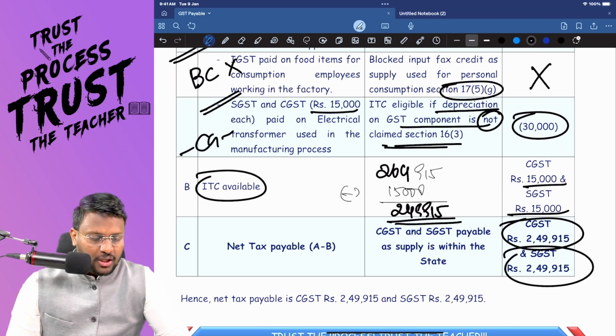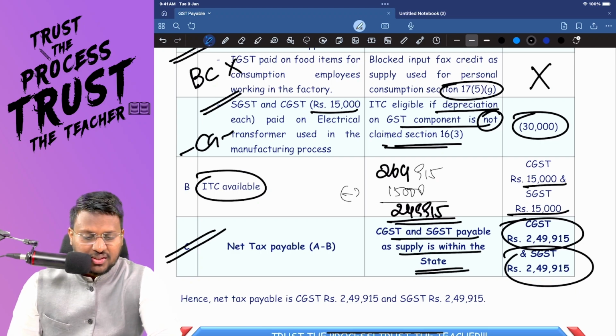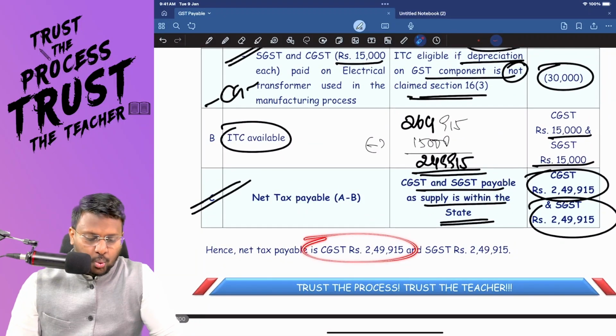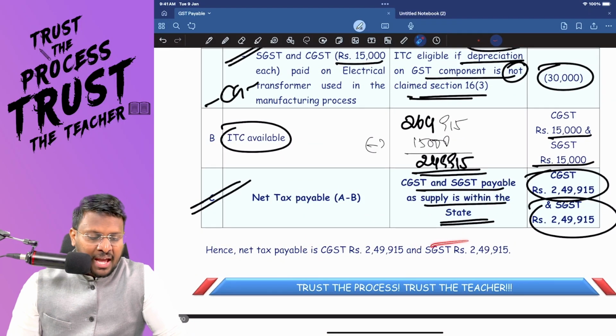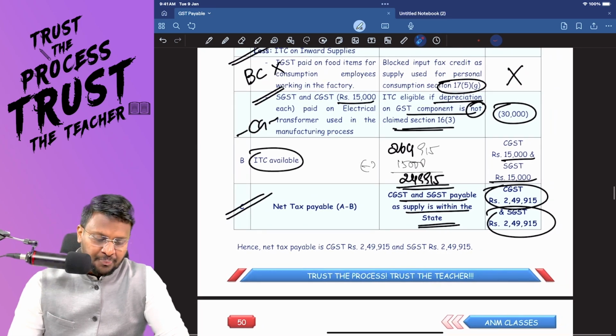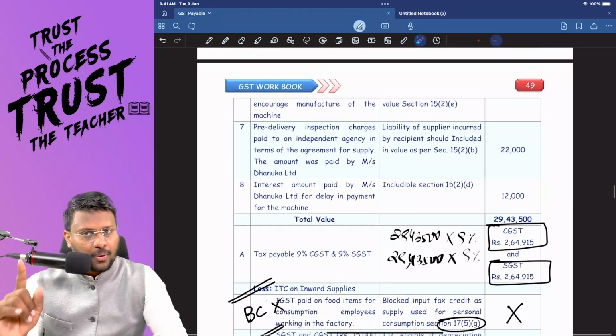And 2,49,915 is the net tax payable, CGST and SGST, as supply within the state. Comfortable, sir? Hence, the net GST payable is CGST 2,49,915 and SGST 2,49,915. So this question is basically discussing the value of supply.